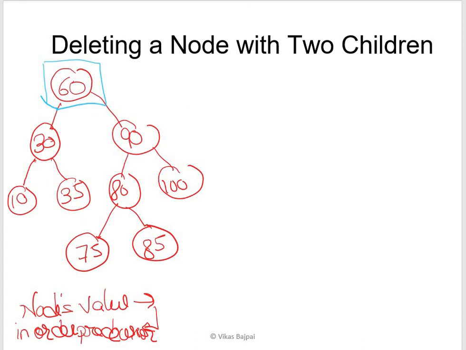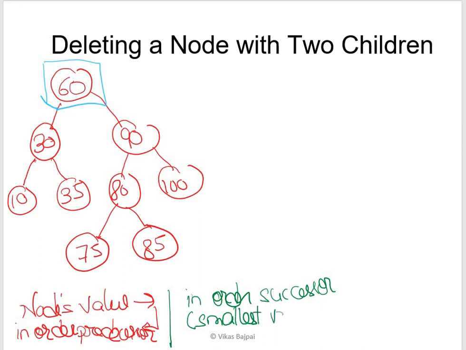As I said, either I replace the node value with the in order predecessor, or the in order successor, which will be the smallest value in your right subtree.